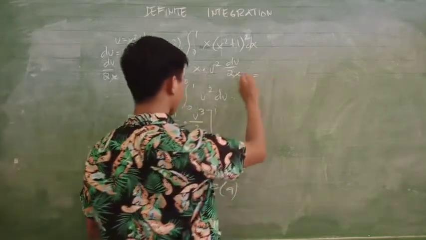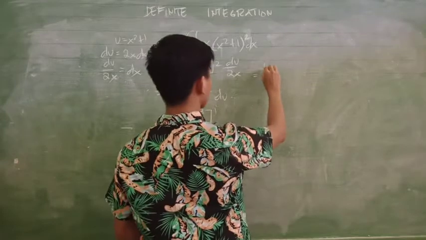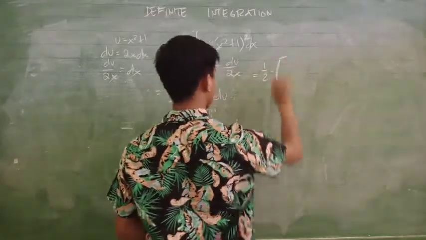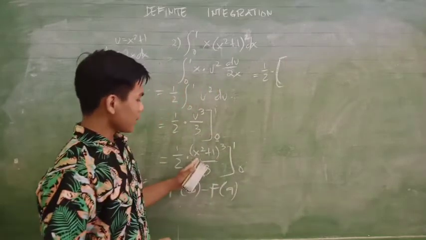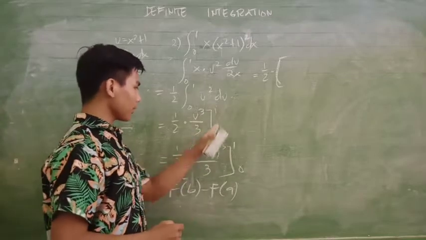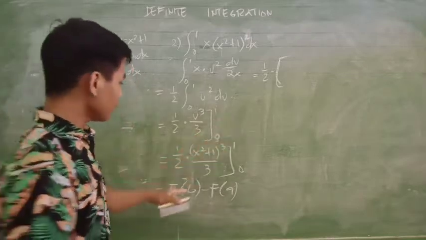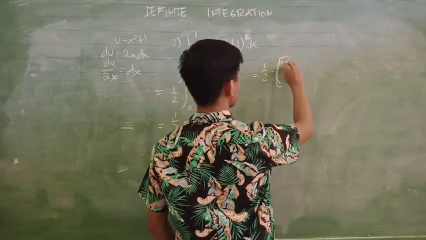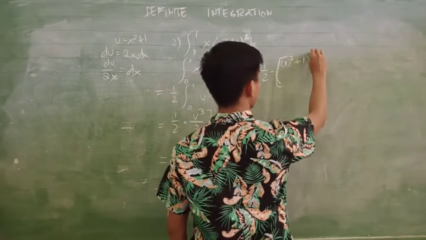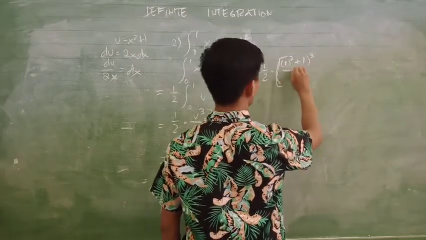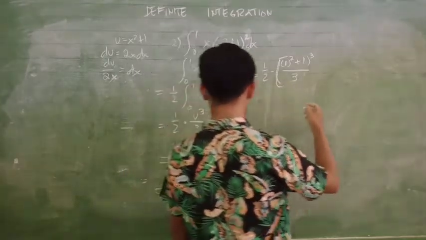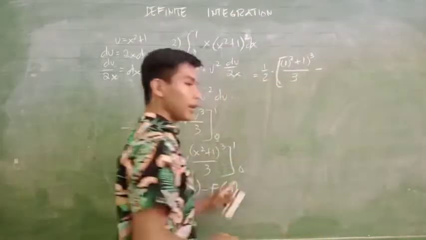So we've got 1 half times the x squared plus 1, the x of 1, our upper limit is 1. So 1 squared plus 1 raised to 3 over 3, and then minus our lower limit, which is 0.